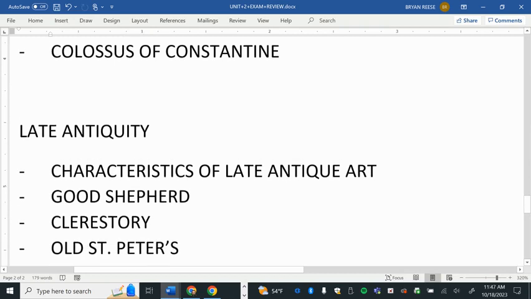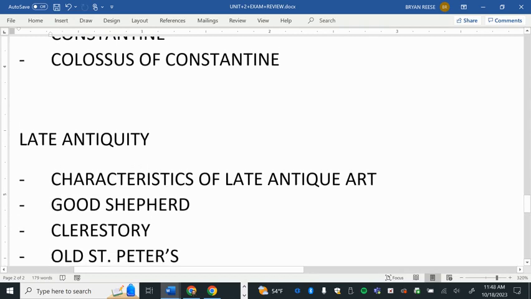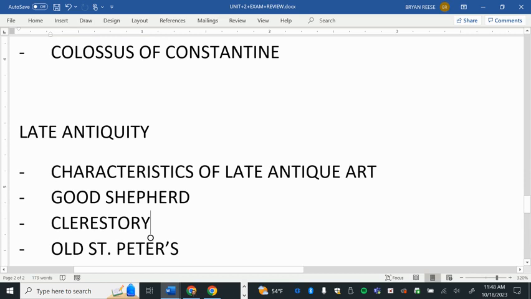All right, and there's a question about Old St. Peter's, and so we went on the field trip up to the library because that is exactly the same as Old St. Peter's.